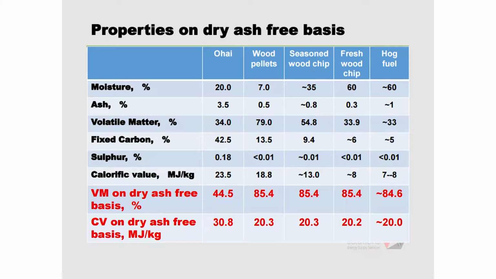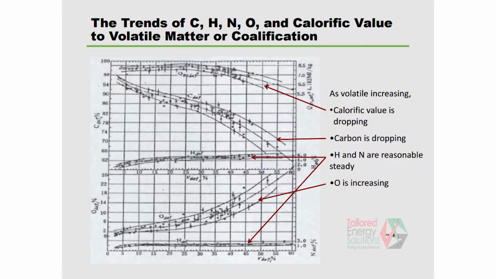On the heating value, for coal, for all ranks, 30 megajoule. On the dry ash-free basis, for all sorts of wood, very much the same. You're going to see why we have calculated the figure here. That's the trend. Okay, it's very interesting.